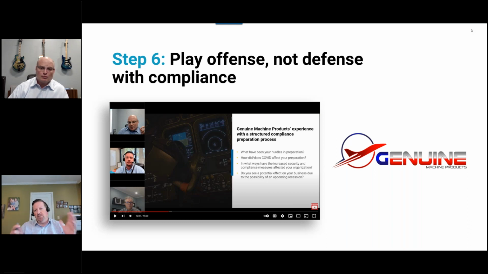That puts them in the pole position on new contracts, because the primes are under a legal obligation with the federal government to work with suppliers that are compliant. So everybody should be thinking about playing offense or exiting. Playing purely defense on this is not a really smart idea.